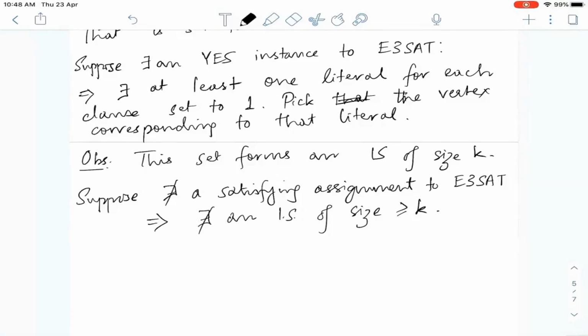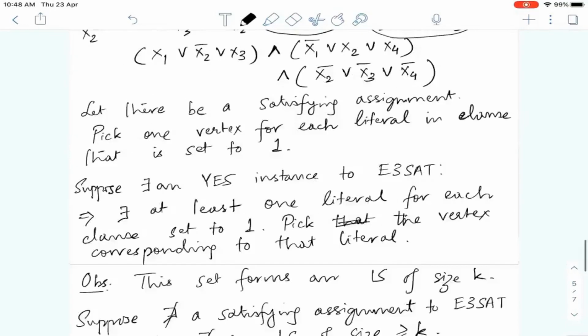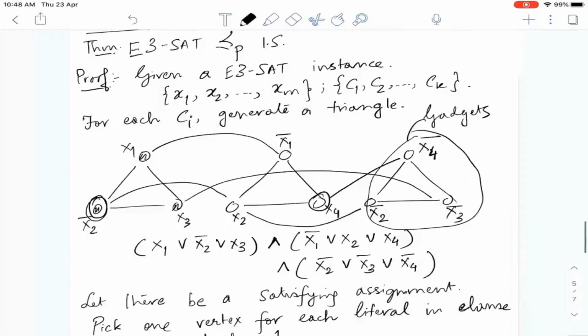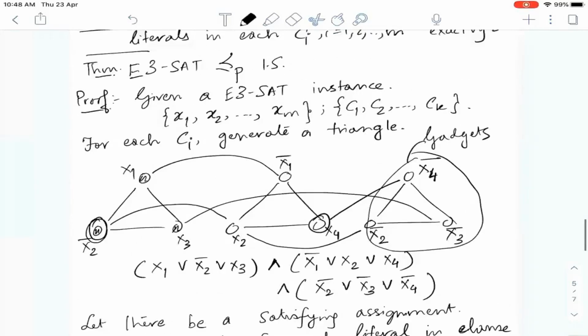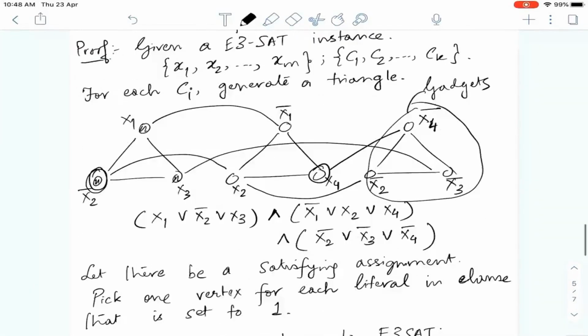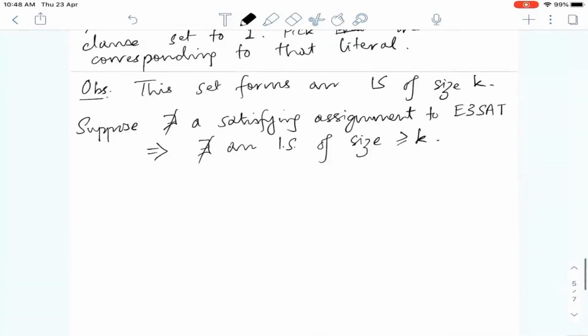Whenever you have to do a reduction, you have to make sure that both of these are valid, because remember, the eventual goal is to use an algorithm to solve independent set to solve E3 SAT. So we are reducing E3 SAT to IS. Why is this true? The easiest way to do these things is to prove the contrapositive. I hope all of you know what that means.